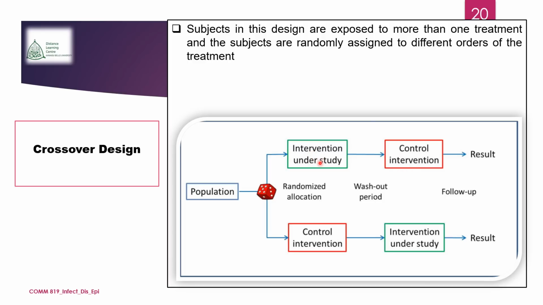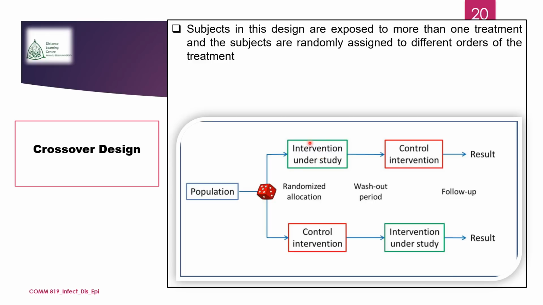Okay, so for those under the intervention under study, you first give them the intervention, then you follow up with the control intervention. You check the result. Then for this other group, you first give them the control intervention, then you follow it up with the intervention under study. Okay, just like here for the intervention, you are giving them Panadol Extra, to see the effect of Panadol Extra.